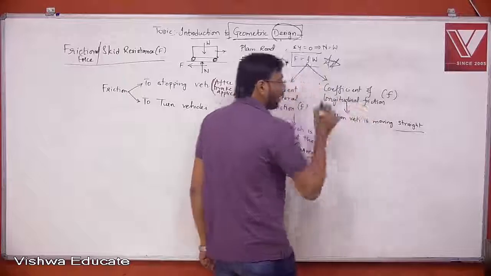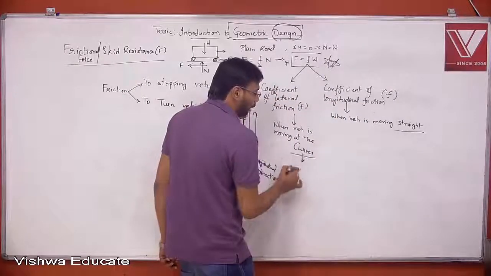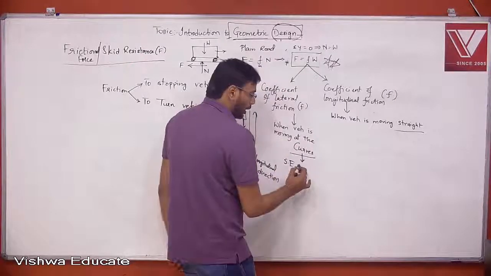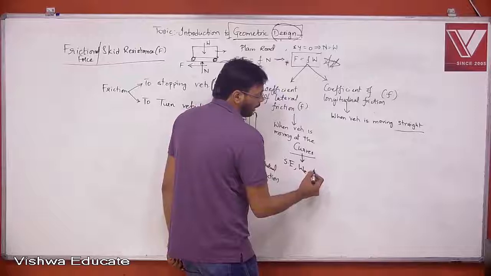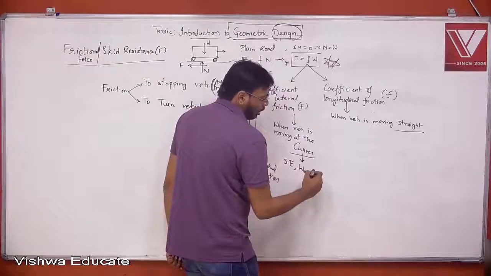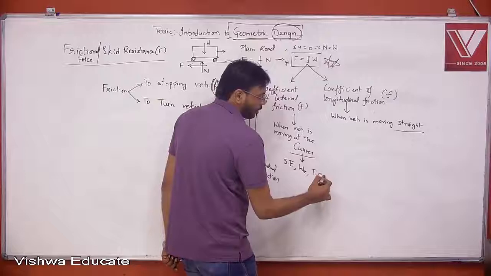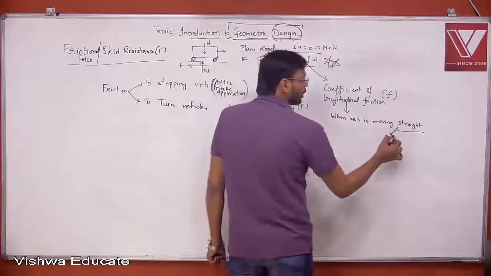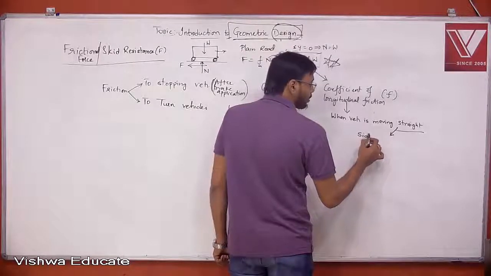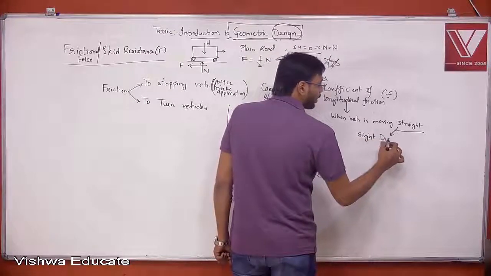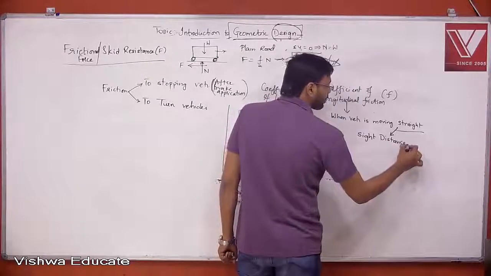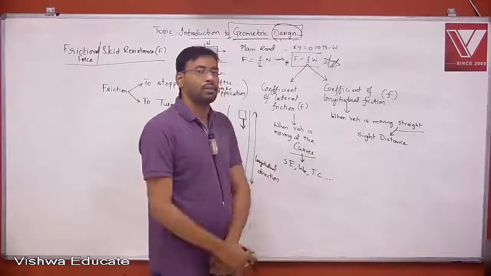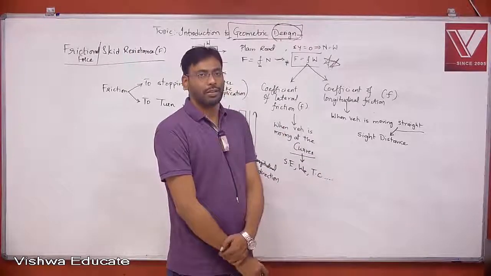So at the curves, we generally design for super elevation, extra widening, transition curves, etc. And during the straight paths, we generally design sight distances. So in the sight distances part, we should use coefficient of longitudinal friction. At the curves, we go for coefficient of lateral friction.